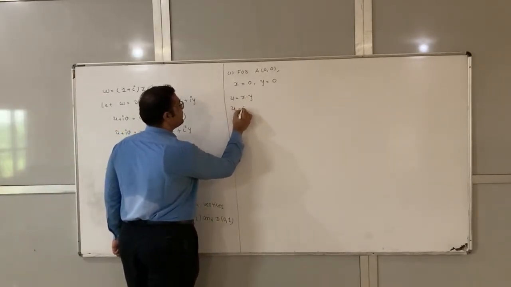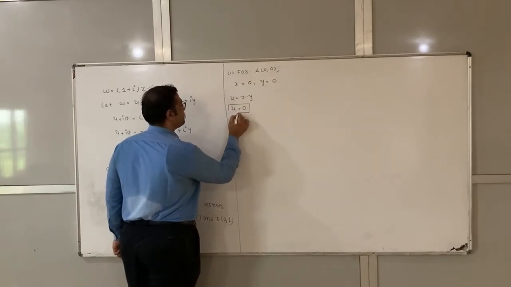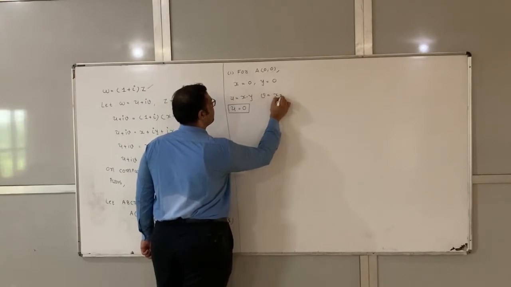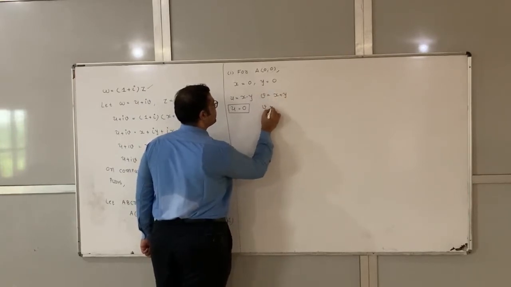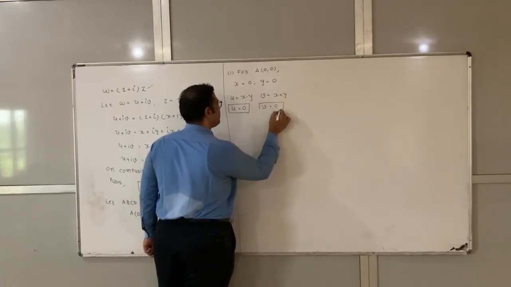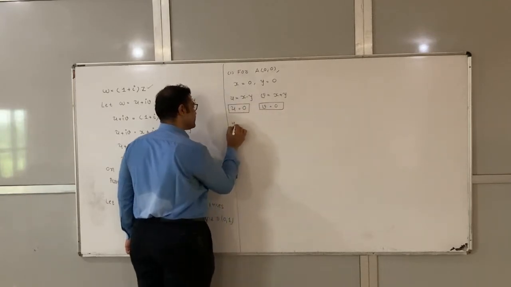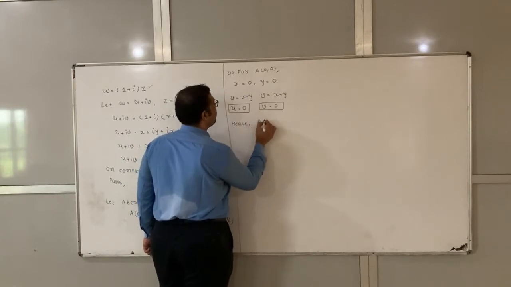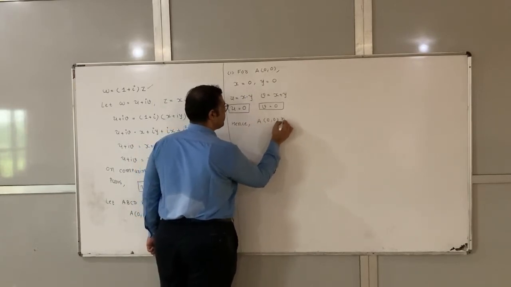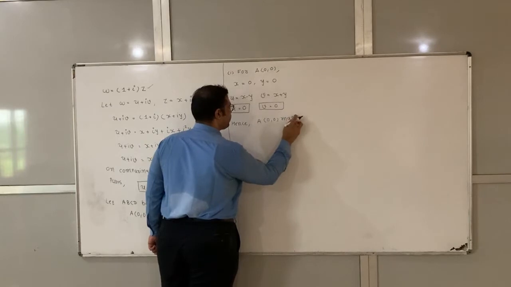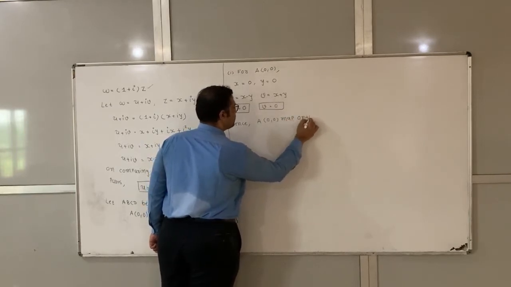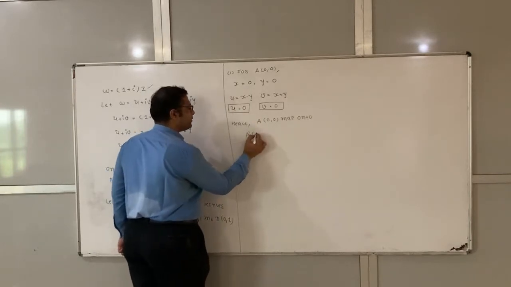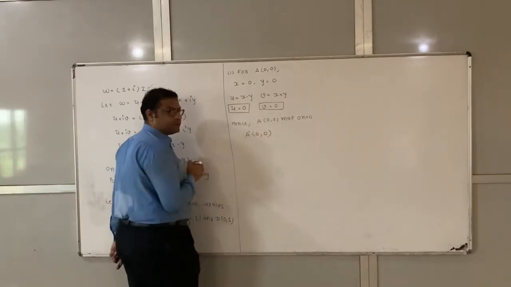You will get u is equal to 0 and v is also equal to 0. Hence A (0, 0) maps onto A dash (0, 0).